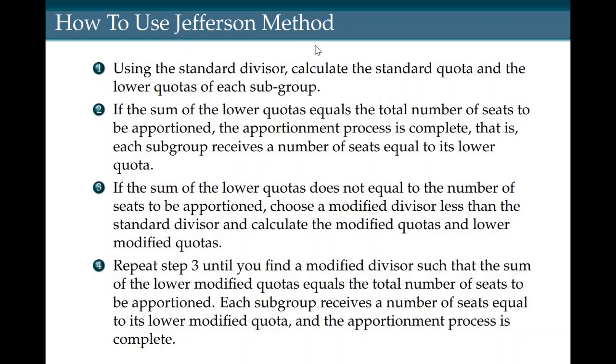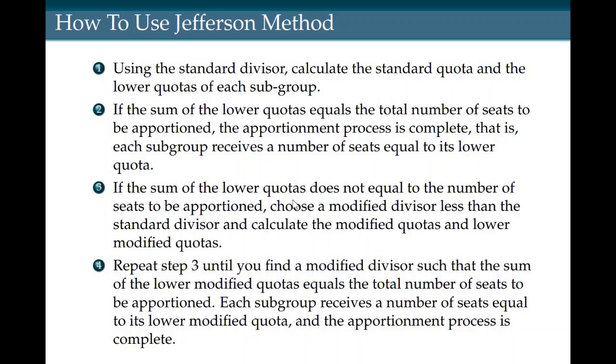So to use the Jefferson method or Jefferson plan, let us first calculate the standard divisor and then calculate the standard quota and the lower quotas of each subgroup. If the sum of the lower quotas equals the total number of seats to be apportioned, then the apportionment process is complete.